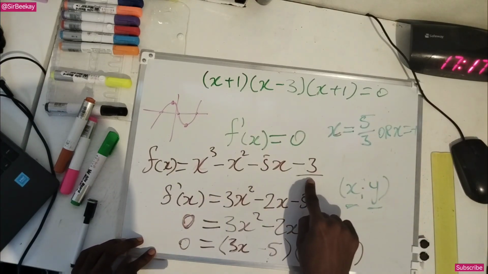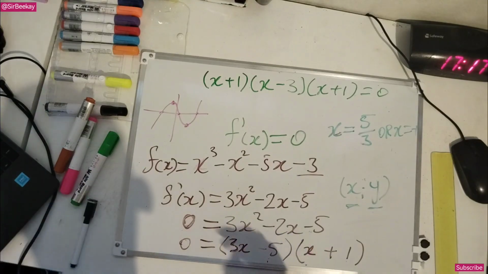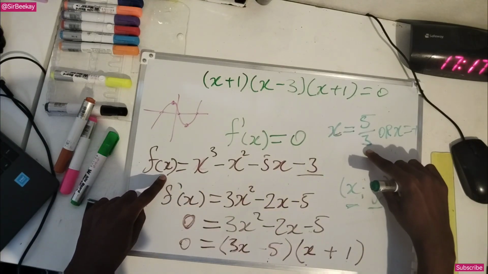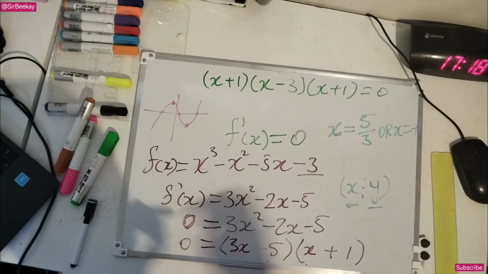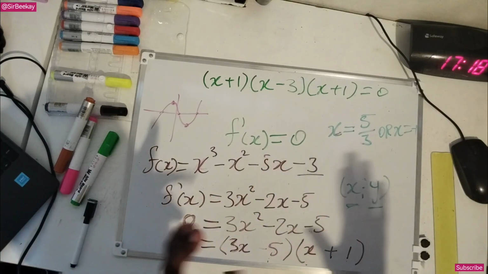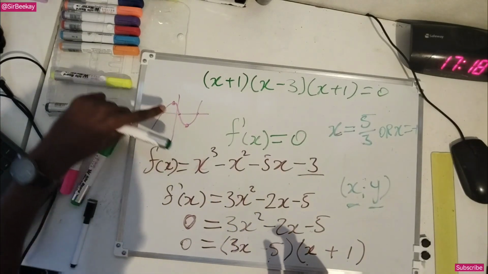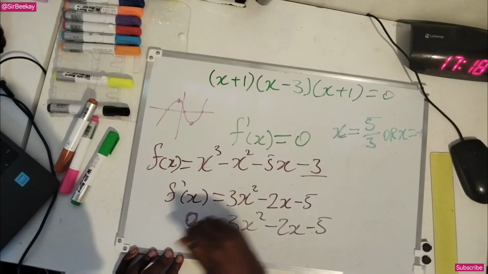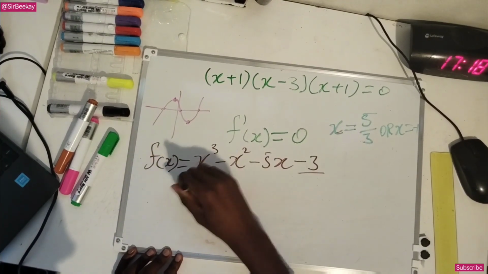We want to find what the values of y are when x is 5 all over 3 and when x is minus 1. Then we'll get the whole coordinates, both the local minimum and the local maximum. Okay, let us remove all of this. Okay, let's put this.